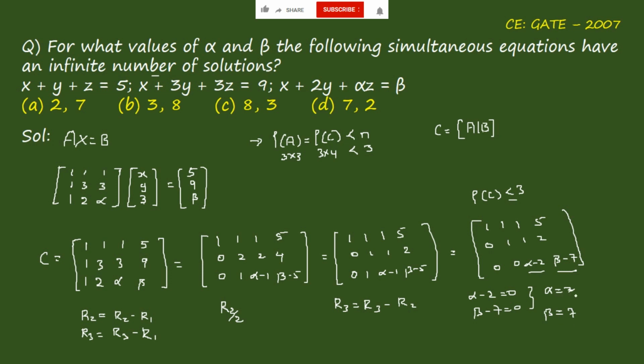Now when alpha is equal to 2, then we can say that the rank of matrix A is less than 3, right? So when alpha is equal to 2 and beta is equal to 7, then we get infinitely many solutions. So the answer is option A.